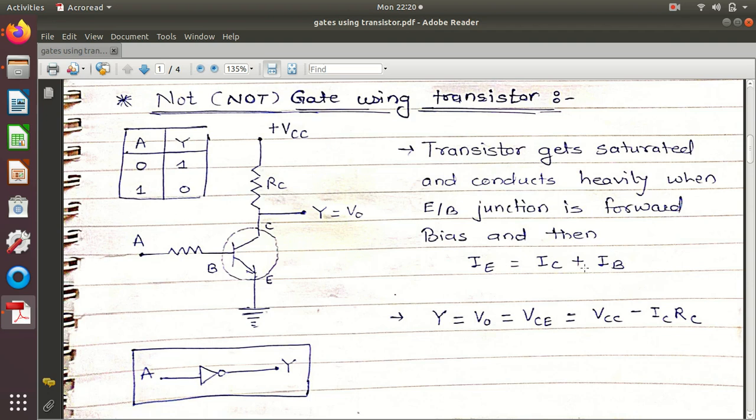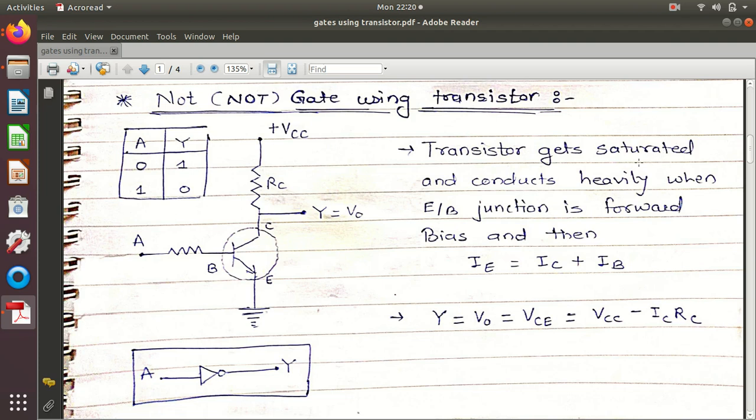So these are the two things that one must keep in mind when we are saying that a transistor is conducting or a transistor gets saturated. When will it saturate? When its emitter base junction is forward biased, and thus when it conducts heavily, then we can say that the transistor is in saturated condition, and it is now acting as a short switch.